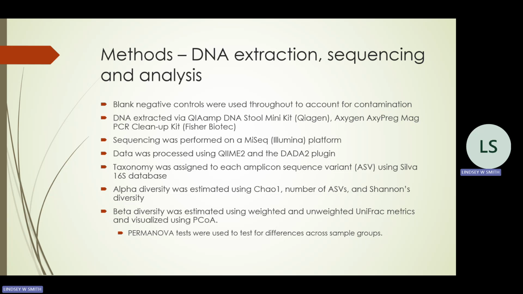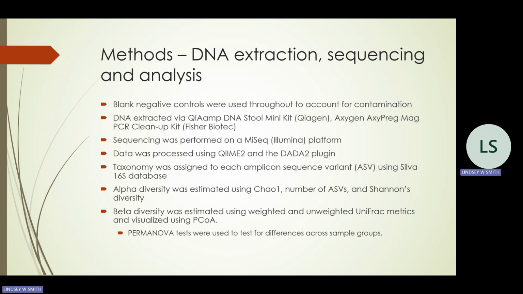In regards to the methodology, researchers extracted DNA from the core of each fecal sample and generated barcoded amplicons of the 16S RNA. They used Illumina sequencing and QIIME2 with the DADA2 plugin to identify exact amplicon sequence variants, or ASVs, present in each sample, and then they filtered out the low abundance reads.